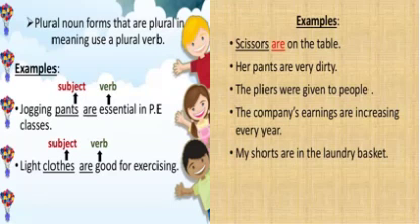Pliers. It is plural, so that's why we have used a plural verb here. Company's earnings. This is plural, so we have used are here. My shorts. Shorts is also plural, so that's why we have used are here.